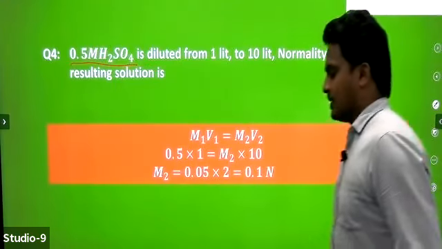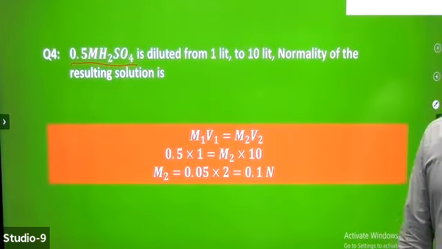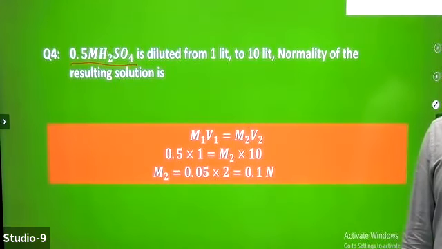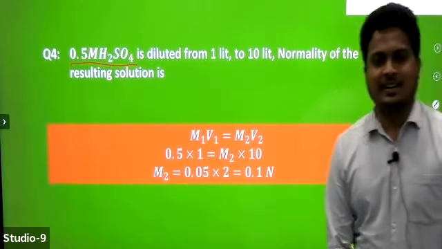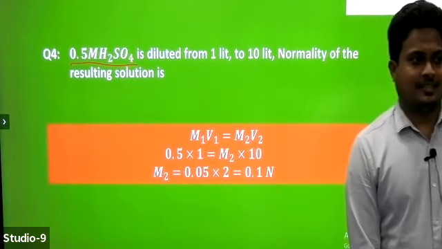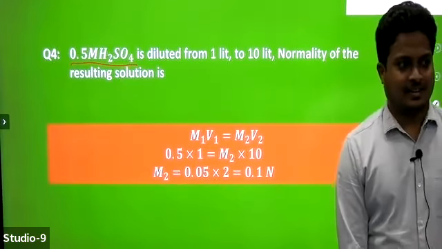So the normality of the resulting solution. How many liters of water is added? 9 liters.